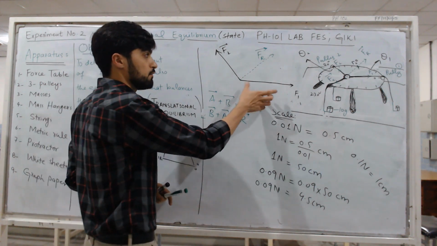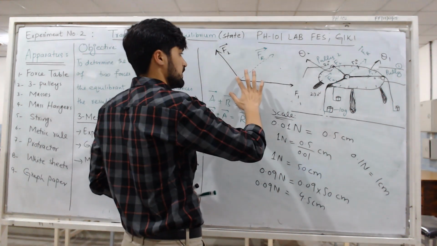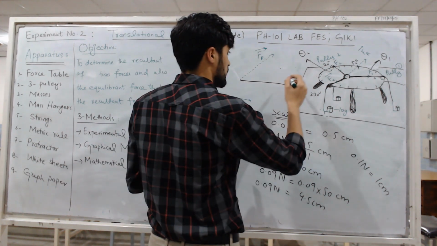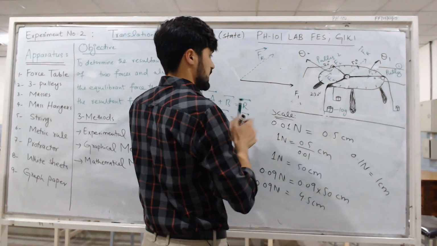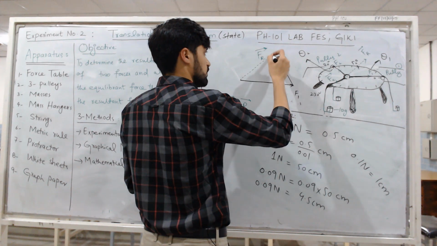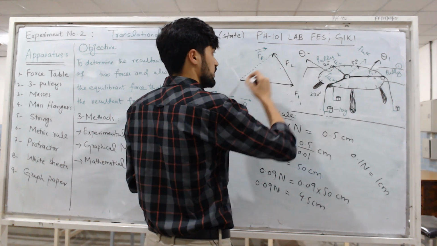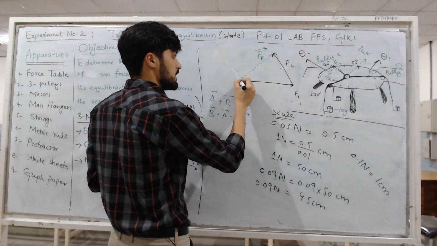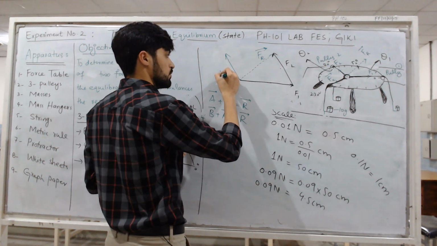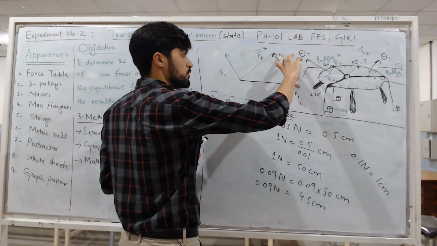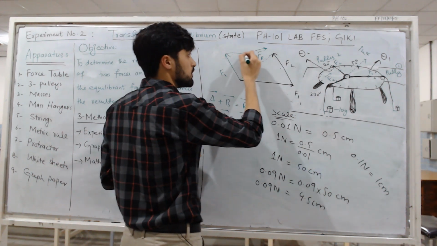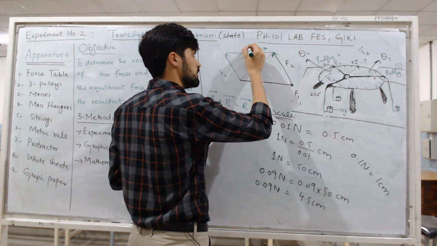It means F1 plus F2. Let's say if you are using this way, this is your F1 and this is your F2. So it will give you this resultant vector. But now if you are using the first vector as F2 and then you are using F1, you will get the same resultant vector.